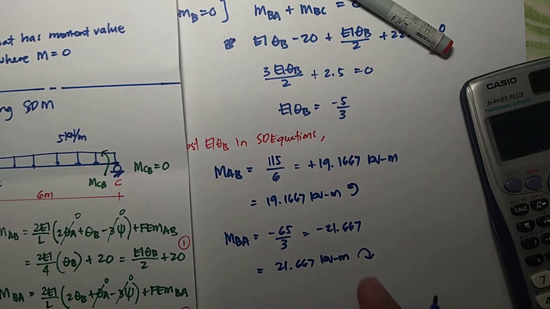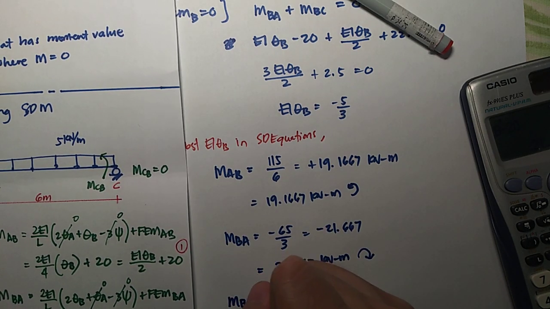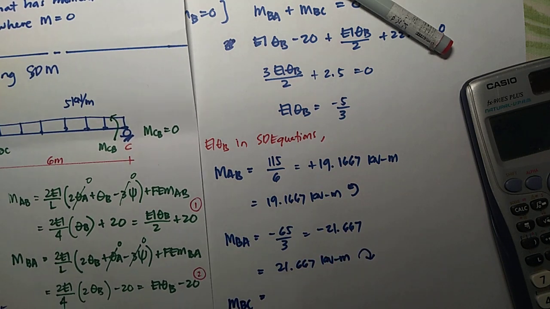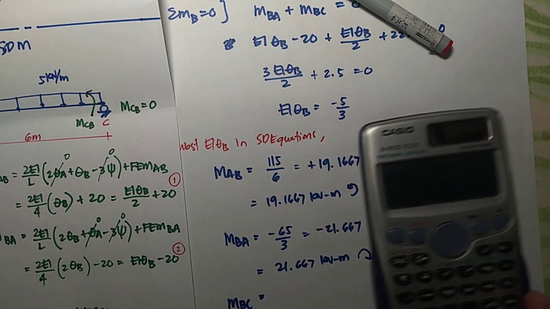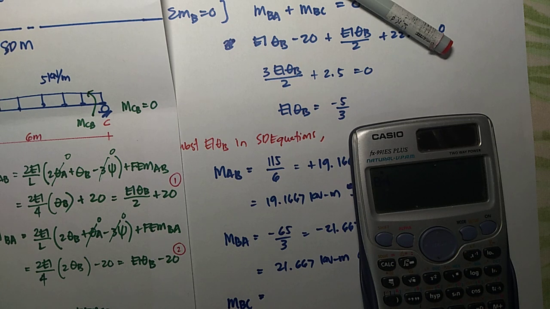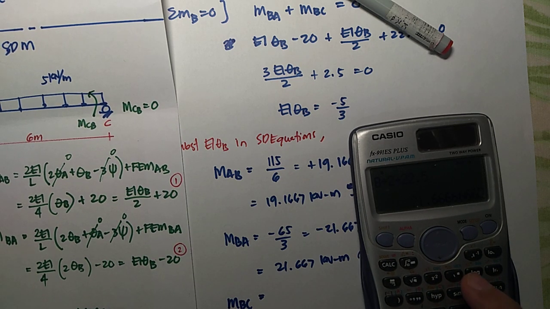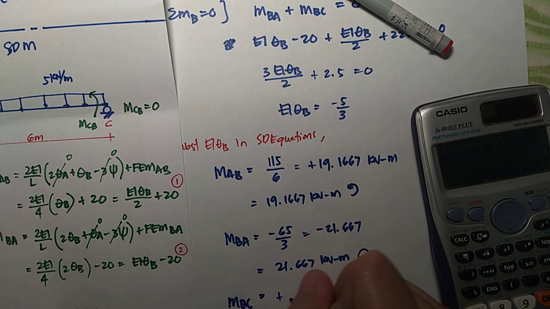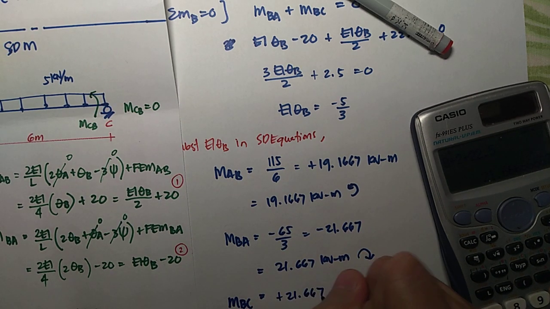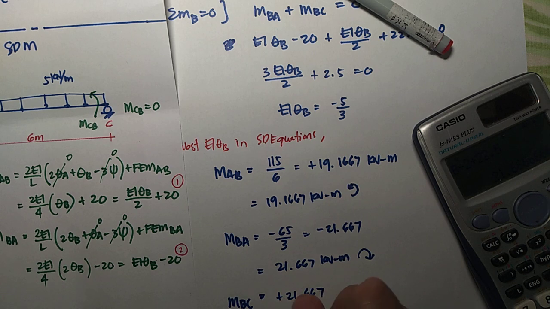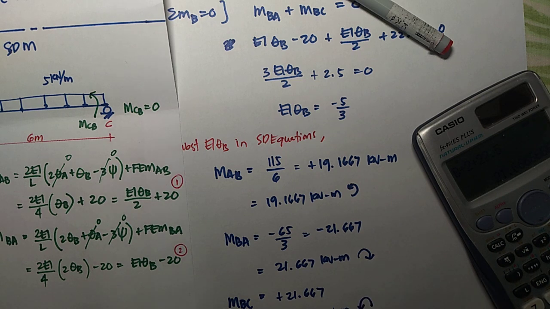How about BC? Moment BC is equal to this. So, EI theta B divided by 2 plus 22.5. So, we got positive 21.667. Positive, that means 21.667 kilonewton meter. Positive means that's correct, counterclockwise yung direction.